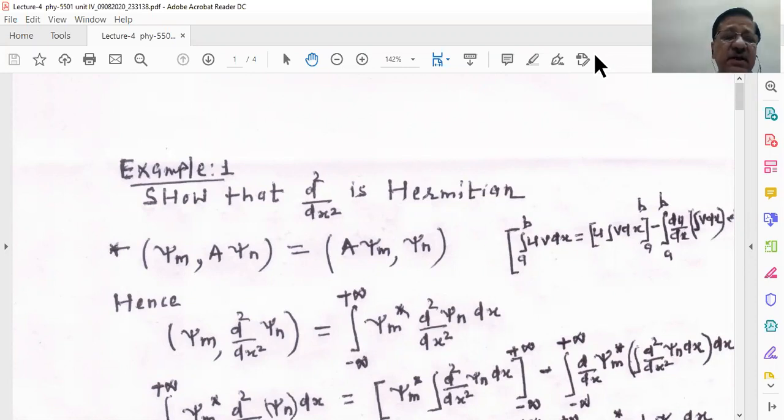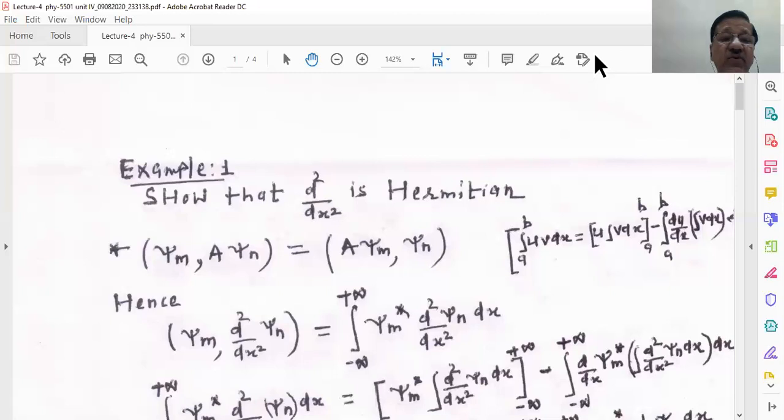Friends, in lecture number 3, I gave you the explanation and the definition of a Hermitian operator, and we discussed two important theorems about the Hermitian operator.